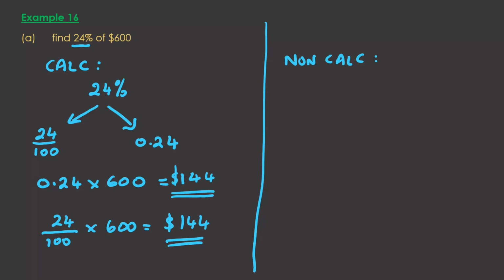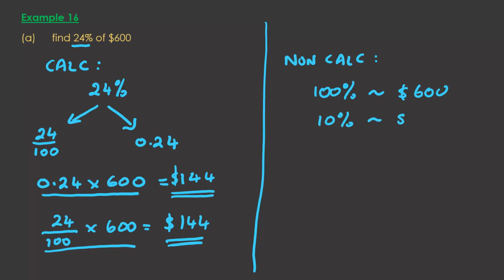Now, from a non-calc point of view, certainly you could calculate this or this using just manual methods, but a better way of doing it might be to say, well, 100% of our amount is $600. So to get 10%, well, you just divide by 10.